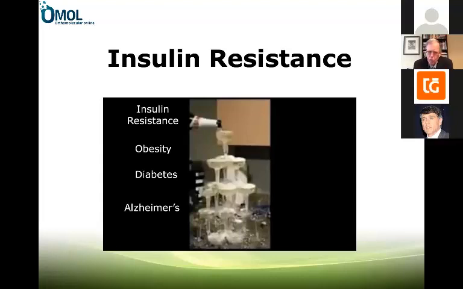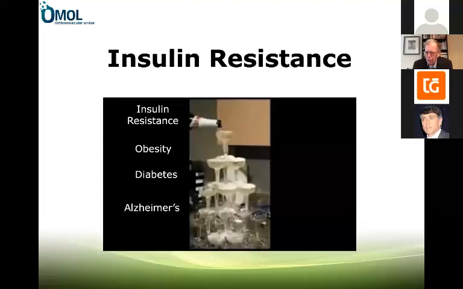You start filling up the first glass on the top of the champagne fountain. And eventually it spills over into the next layer. That next layer is obesity, because insulin resistance precedes obesity. And if you're obese, then as that level fills up, it spills over into diabetes.